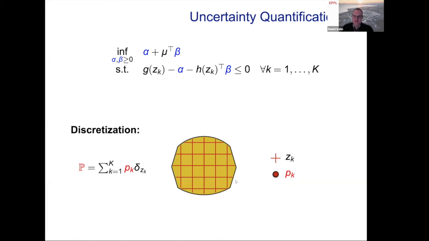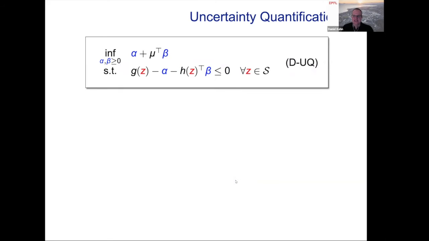Now, if we successively refine the discretization grid, the number of inequalities in the dual problem will thus tend to infinity. And in the limit, the dual uncertainty quantification problem will thus have infinitely many constraints that are indexed by the infinitely many scenarios in the convex support set S.